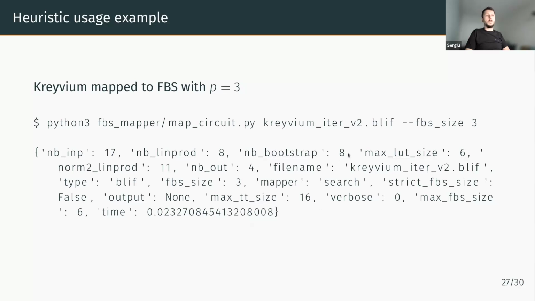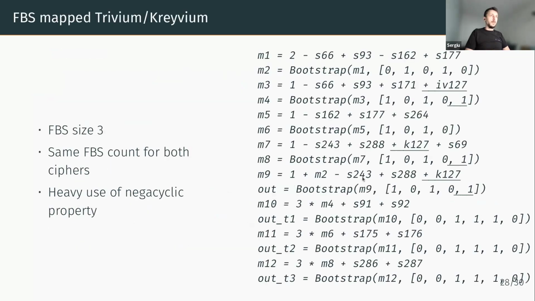For this case, it uses 8 bootstraps, as presented earlier. It will also output formatted text, which gives you the linear combinations of the corresponding bootstraps of the mapped circuit. So in the case of functional bootstrapping 3, we have 8 bootstraps.